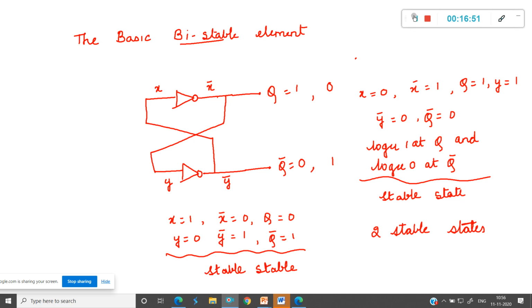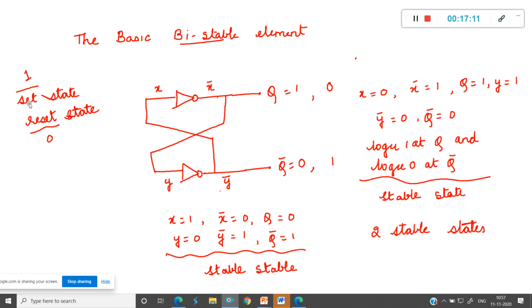Okay, so we have here two sets, that is logic 1 and logic 0. The process of storing a 1 into a flip-flop is known as setting the flip-flop, and the process of storing 0 into the flip-flop is known as resetting or clearing the flip-flop.